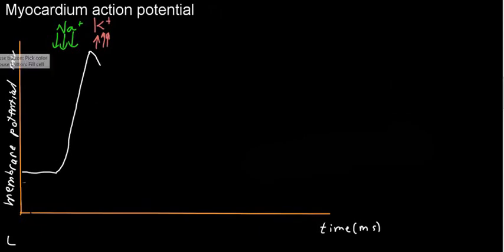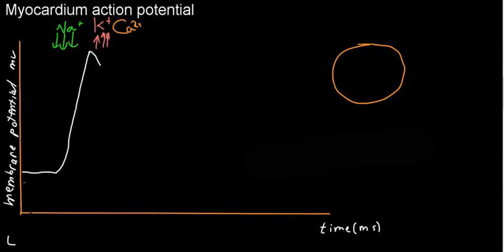But the interesting thing is that shortly hereafter, having the potassium channels open and potassium flowing out, we have calcium channels opening as well. And if we try and understand how much calcium is concentrated inside and outside of the cell, well, we have a little bit of calcium inside of the cell, and we have a lot outside of the cell.